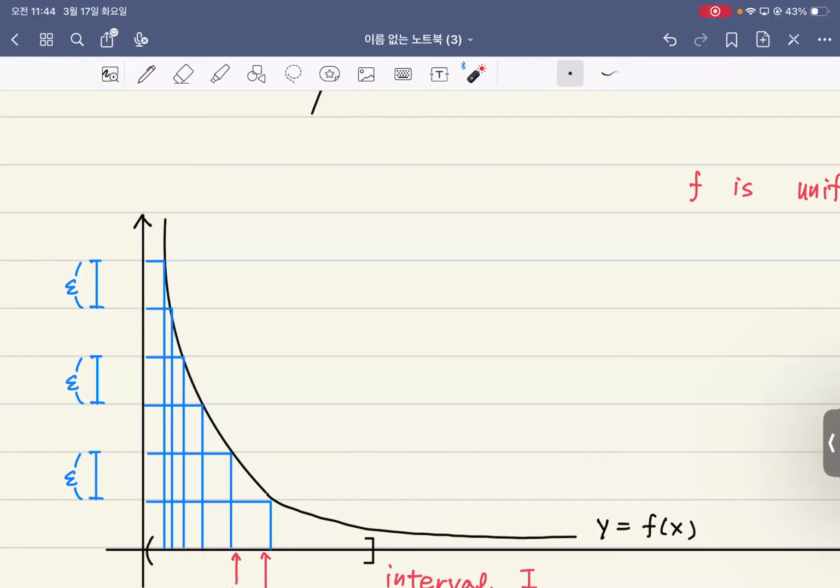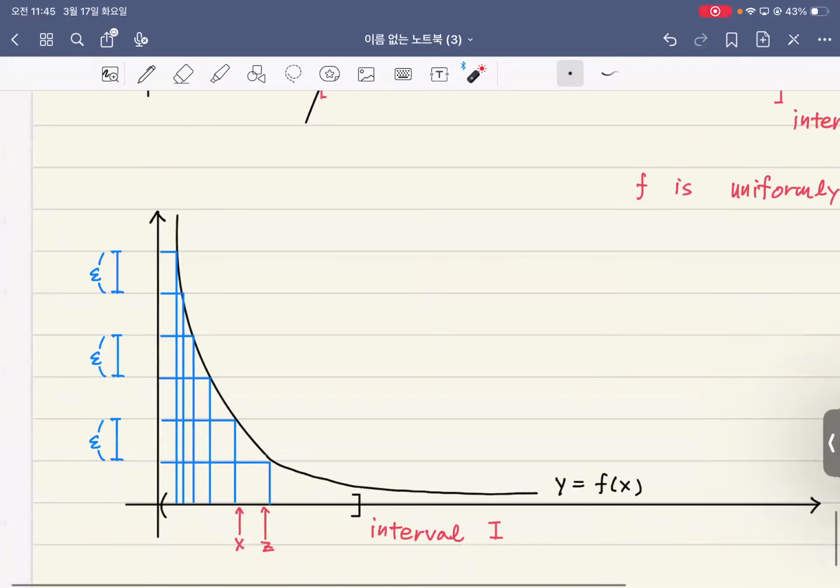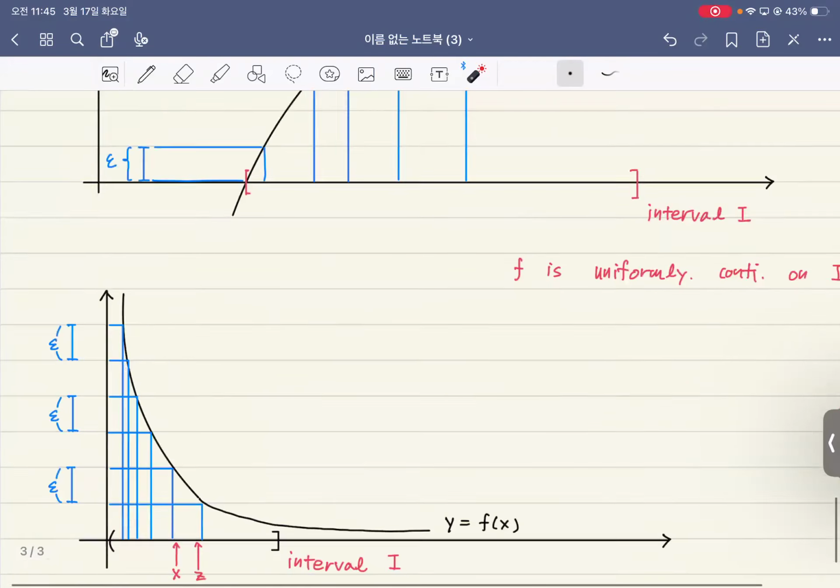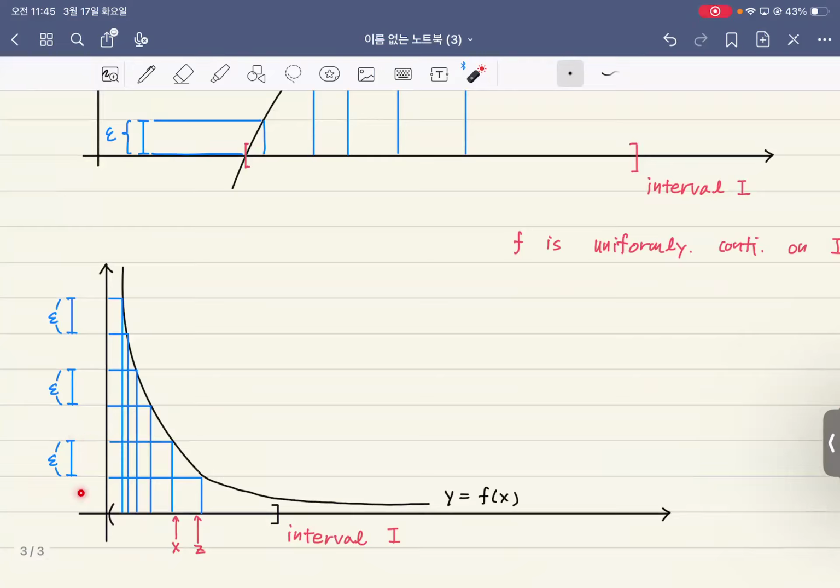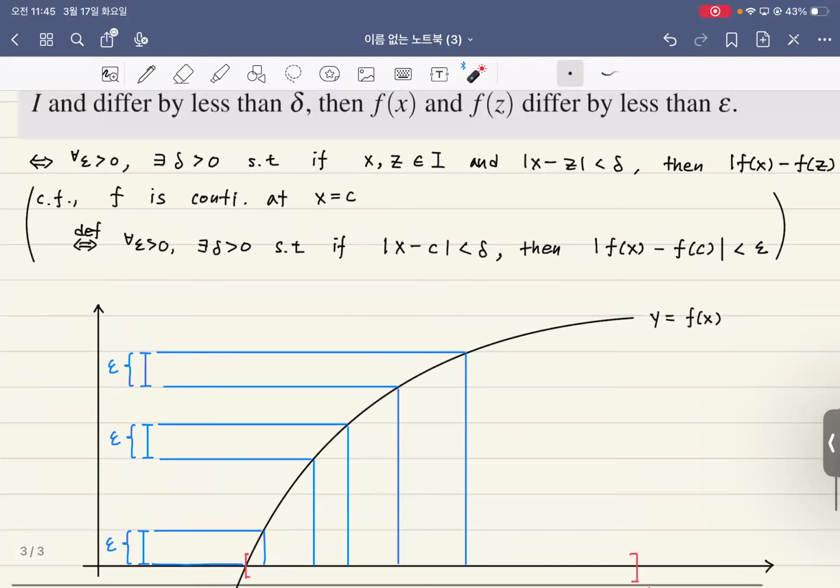Okay, but this time around, let me say the length of this tiny little segment is my new delta. But this delta would not be enough to satisfy the inequality, because as you get closer and closer to the origin, the function values still differ by greater than or equal to epsilon. Right? So that means for this epsilon, you can never find such a nice delta.